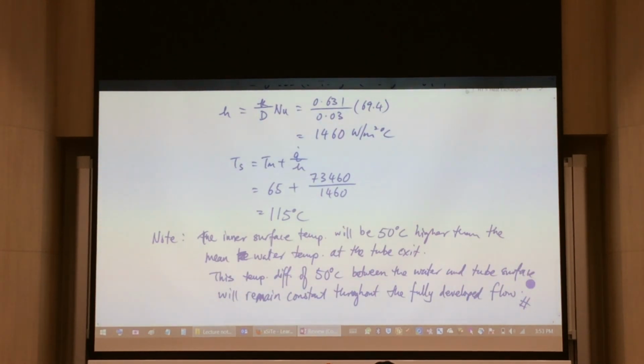Just a small little side note so that you could take a step back and have a look. Yeah, the temperature difference is going to be 50 degrees Celsius difference between the water and the tube surface.